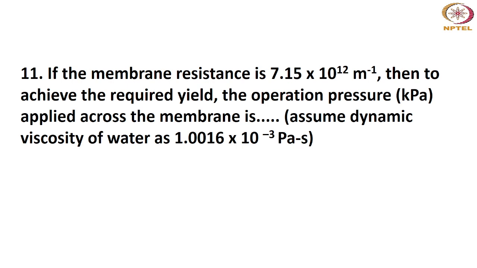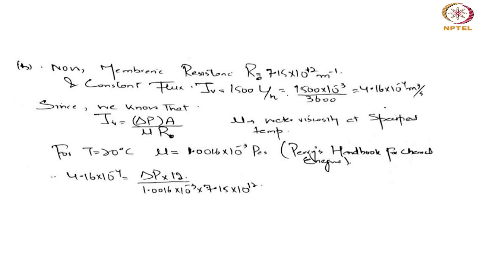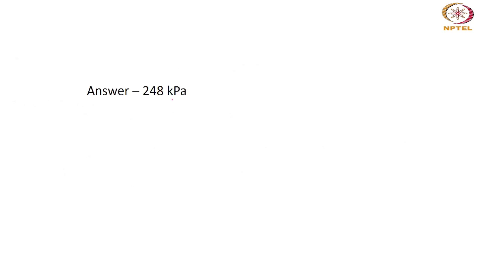And the dynamic viscosity of water is given as 1.0016 into 10 to the power minus 3 Pascal second. So the solution is something like that, and the correct answer is 248 kilopascal.